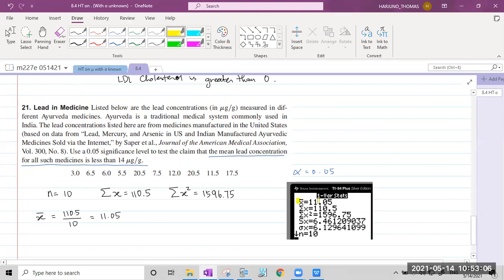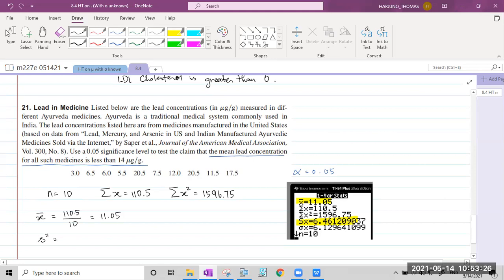But if I say show your computation, then at least you can get these three numbers from your calculator and use those to compute.